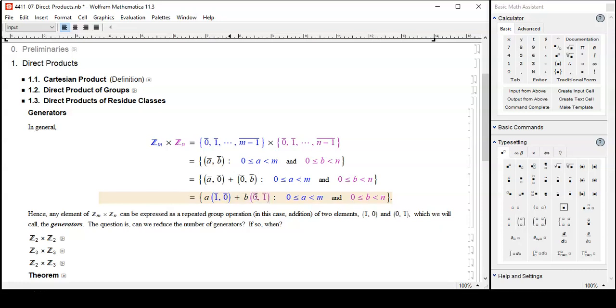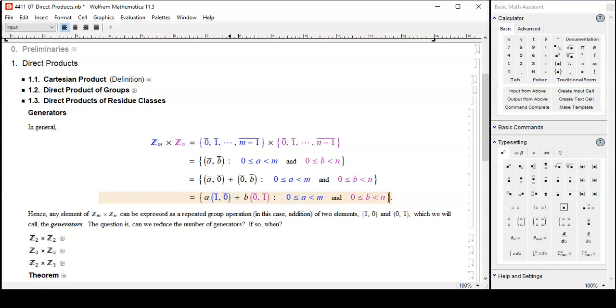Because 0 times something stays as 0, so the first component is not there, and also same for here, second component does not contribute. So in short, every element can be written as some integer times (1, 0) plus another integer times (0, 1), where those integers a and b are non-negative integers between 0 and m and between 0 and n respectively.